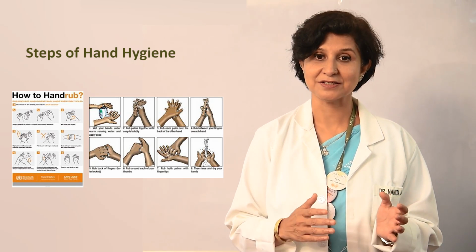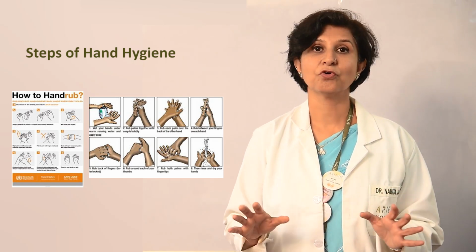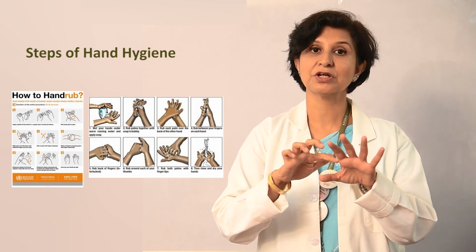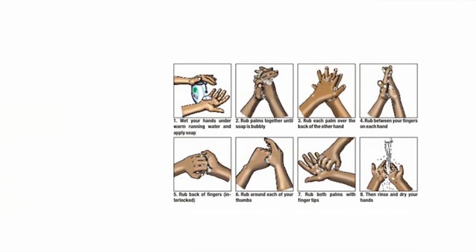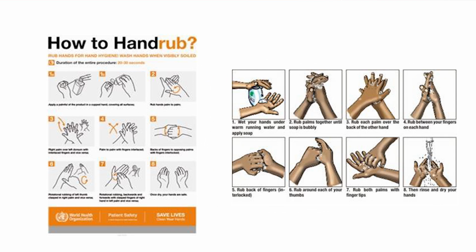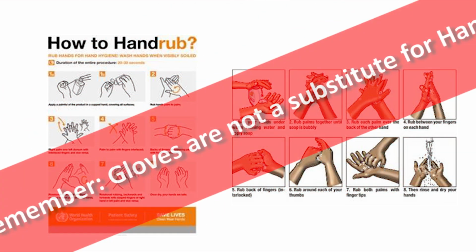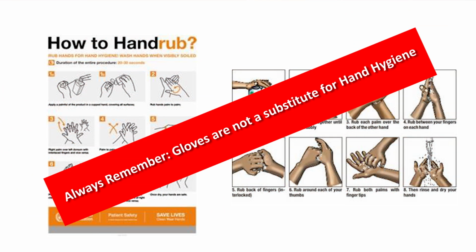There are 8 hand hygiene steps, but the idea of all this is to make sure that all the areas of your hand are clean by either soap and water or by the alcohol-based hand rub. These charts are also displayed and you could look at them on the website or in the posters displayed in the hospital. Always remember, gloves are not a substitute for hand hygiene. It doesn't mean that if we are wearing gloves, we can avoid hand hygiene.